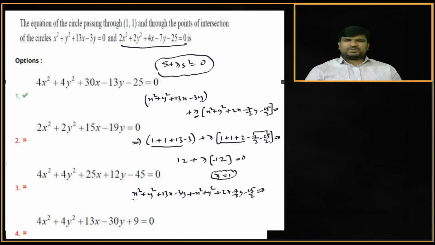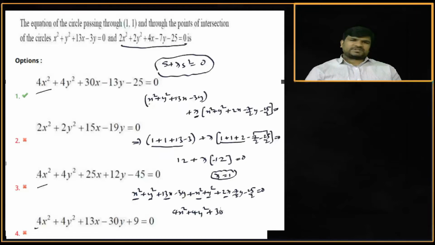Multiplying both sides by 2, 2x square plus 2x square is 4x square. Similarly, 2y square plus 2y square is 4y square. So I'm writing 4x square plus 4y square. If you multiply 13 by 2, that is 26, plus 4, so 26 plus 4 is 30.